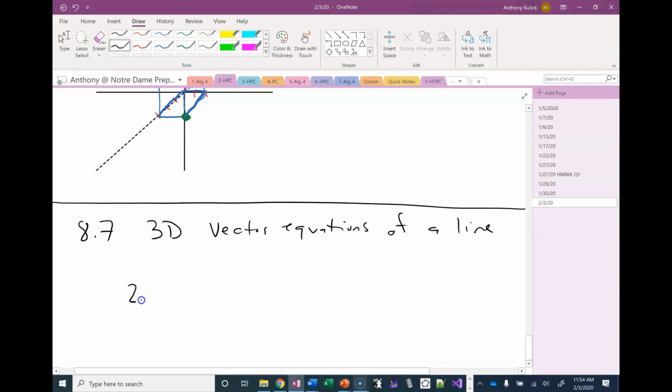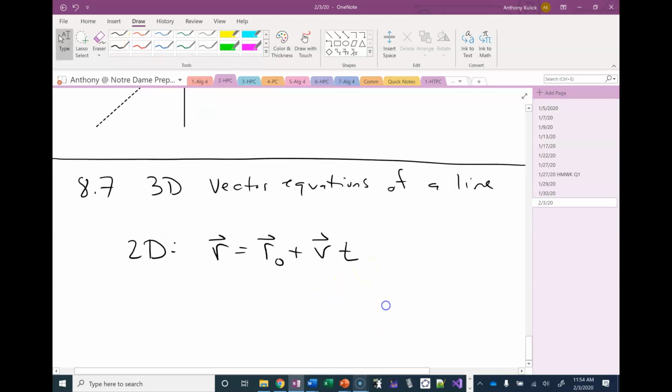So for 2D, we said we had the vector equation r equals r naught plus vt, where r naught is our point vector, and v was our slope vector.